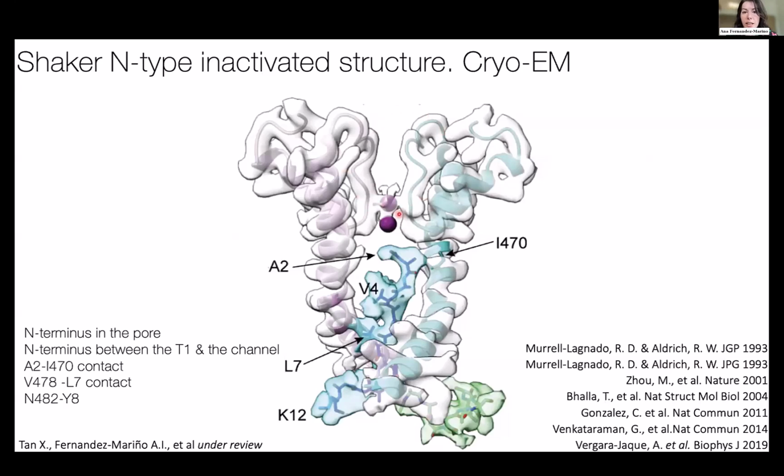And I just want to mention that these structures were solved in low potassium and low ionic strength. They were solved in 4 millimolar potassium and 46 millimolar sodium, so 50 millimolar total. That is based on, again, classical work by Rick Aldrich, who also showed that lower ionic strength speeds inactivation.